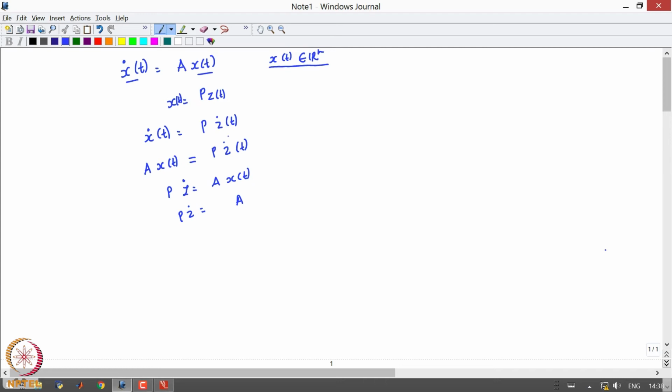I will get A P z of t, or in other words z dot of t is P inverse A P z of t. So, this is my similarity transformation, which transforms my dynamics in certain given coordinates x to some other coordinates z.